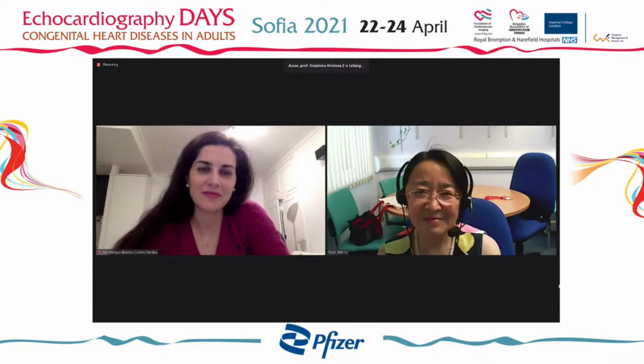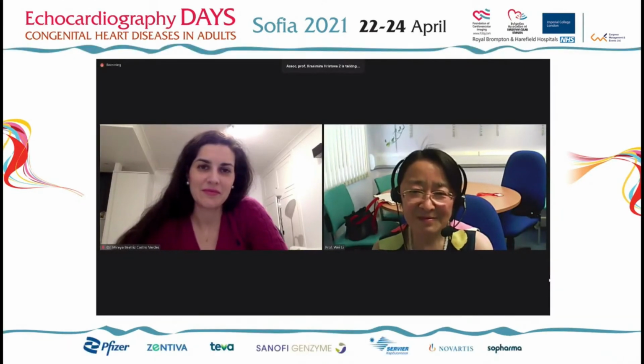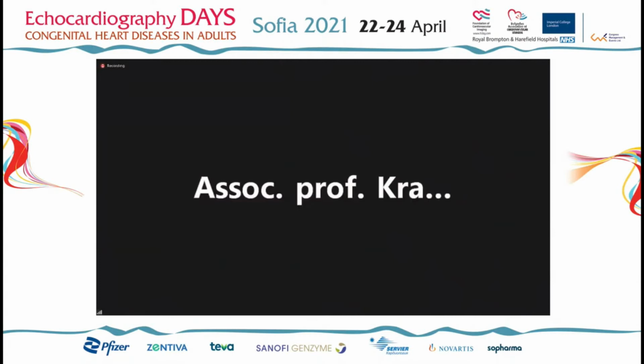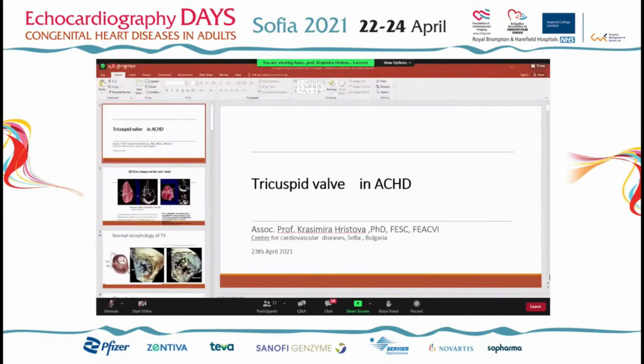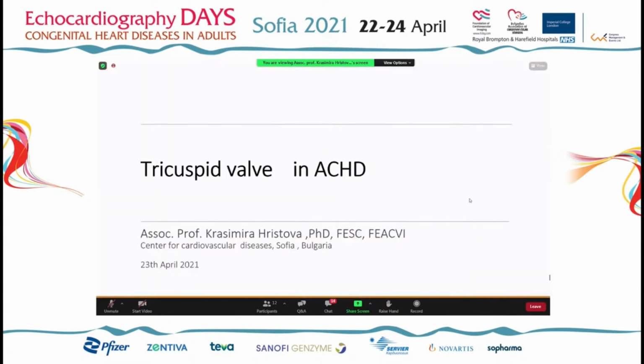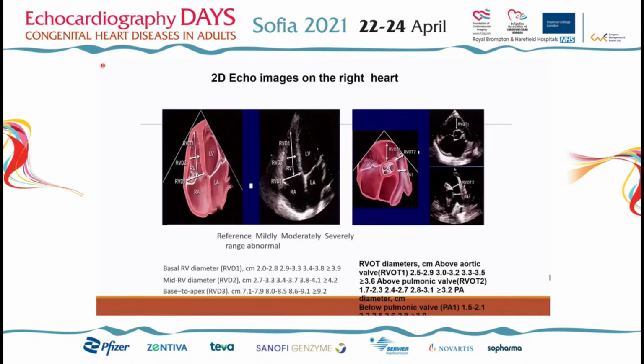So we are going to the last presentation for this evening, and this will be my presentation about the congenital tricuspid valve abnormalities in echocardiography assessment. I will try to be very short, because many of the things were spoken before me, some of the tricuspid valve anomalies, but when we look at the tricuspid valve in a normal heart, we know that the tricuspid valve has 3 leaflets, anterior, posterior, and the septal.